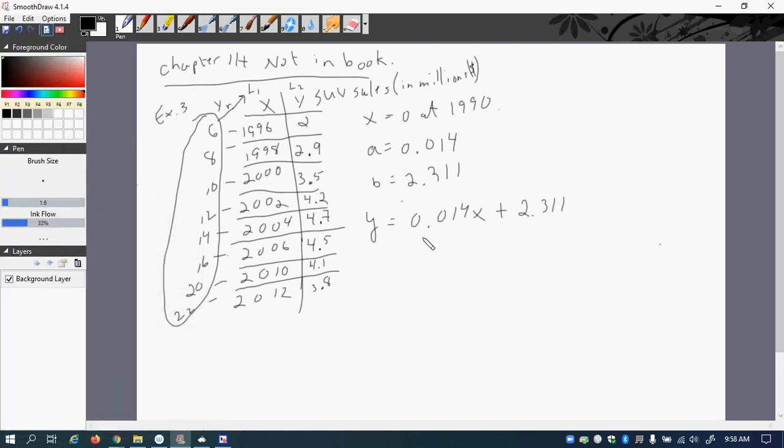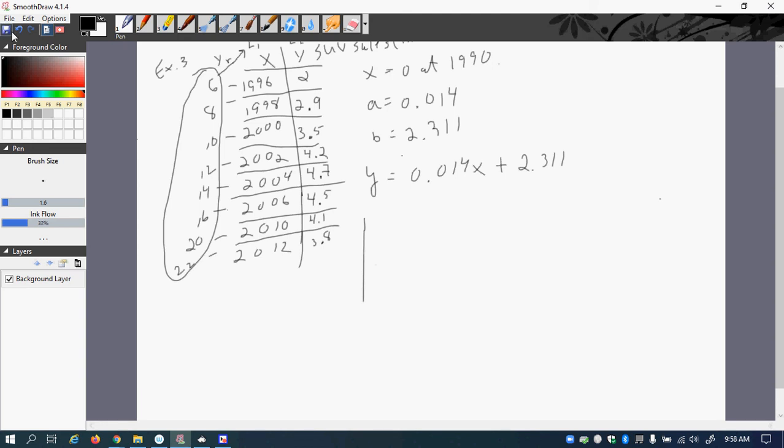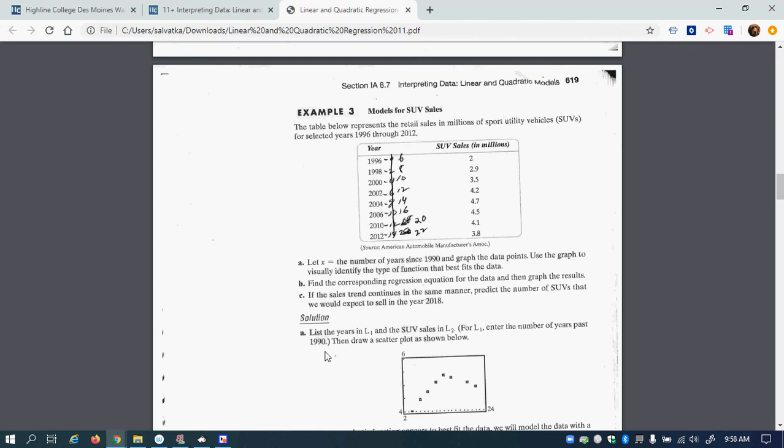If we wanted to do a prediction, now that we have our equation, let's look at the paper that I have here. Does it ask for anything? Yeah, it says if the sales trend continues, predict the number of SUVs that we would expect to sell in the year 2018.